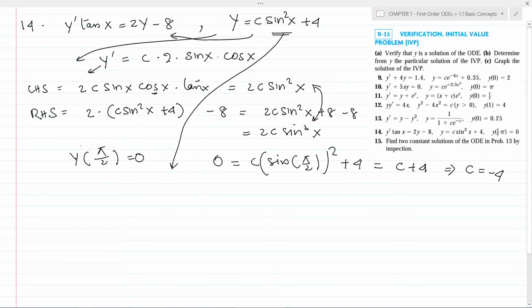So this general solution evaluates to the particular solution y equal to minus 4 sin square x plus 4.